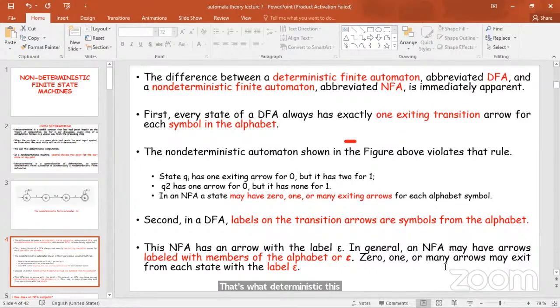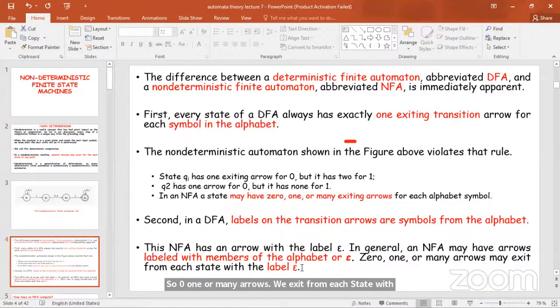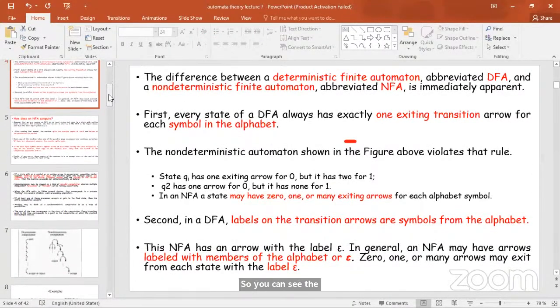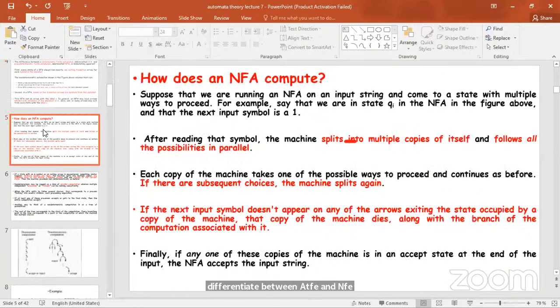In general, an NFA may have arrows labeled with members of the alphabet or empty sets. So 0, 1, or many arrows may exit from each state with the label empty set, right? So you can see the major difference. If you have to differentiate between a DFA and an NFA, you should be able to do that.